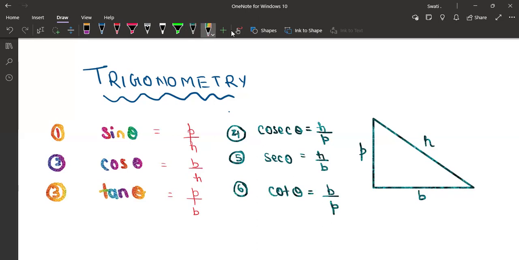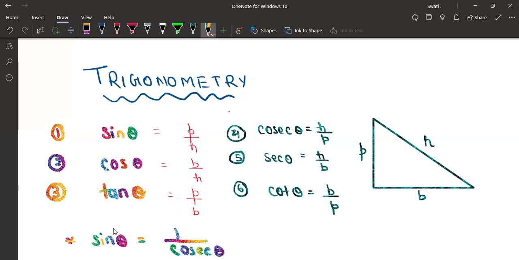Now, of course, because you have written sine theta as P by H, and you have written cosec theta as H by P, can we not also say that sine theta and cosec theta are reciprocals of each other? So sine theta is 1 upon cosec theta, or cosec theta is equal to 1 upon sine theta.